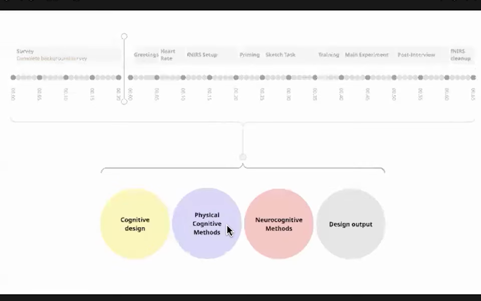We are using different methods. Many people end up with a cognitive design format, which is a think-aloud survey, and the whole process is finished there. But for us, intuition is really hard to capture. It is a moment that we are talking about.